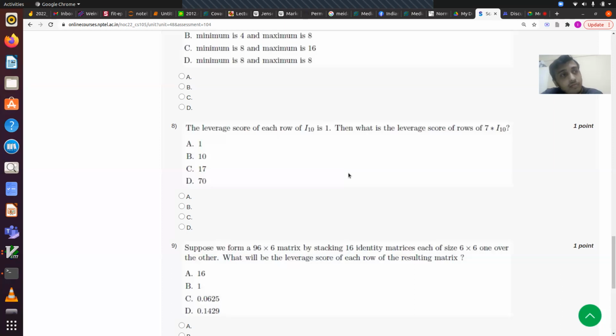Suppose you want to sample from this proportionately, then you sample with probability x by x plus y from the first component and y by x plus y from the second component. Okay, sir, fine, sir. That is how you sample.